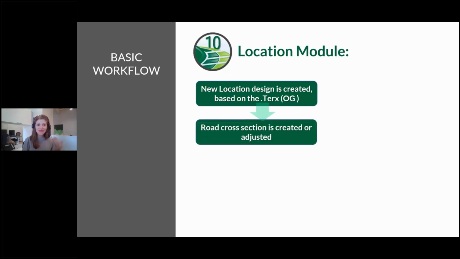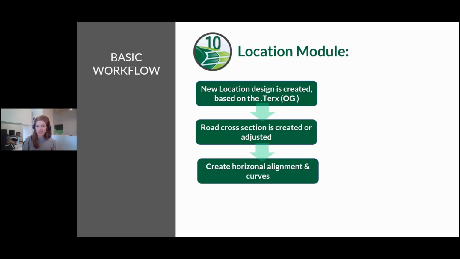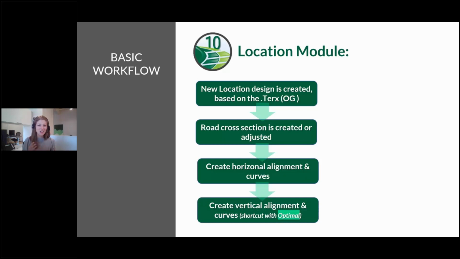And then we're going to go through our core road design steps: defining our cross-section, either adjusting it or creating a new one in our template editor, creating our horizontal alignment, adding curves, creating our vertical alignment, adding curves, as well as, I think Matt's doing this today, which is why I've got it up on the slide, we're going to leverage Softree Optimal.